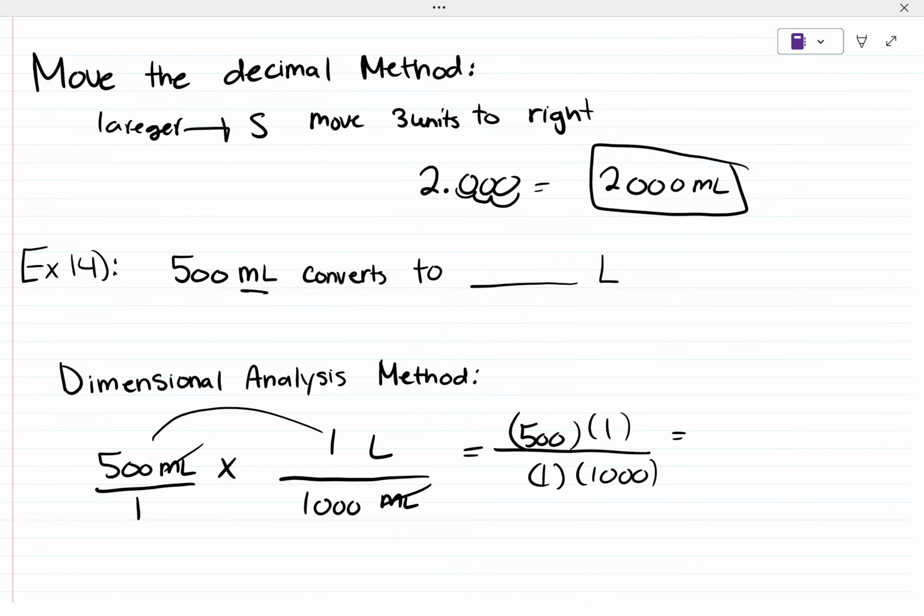So 1 times 500 is 500. 1 times 1,000 is 1,000. You get 0.5. Okay, you must include the leading zero. It would be wrong if you just say .5.